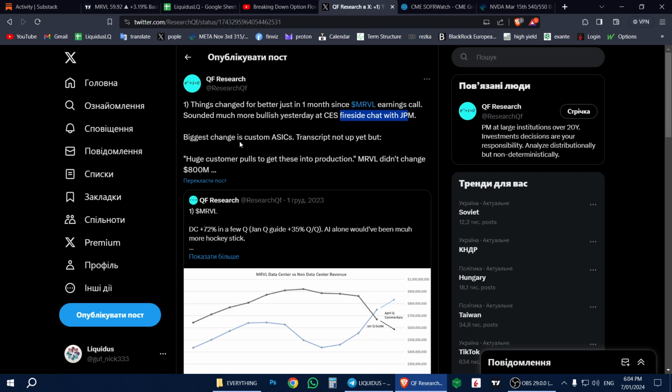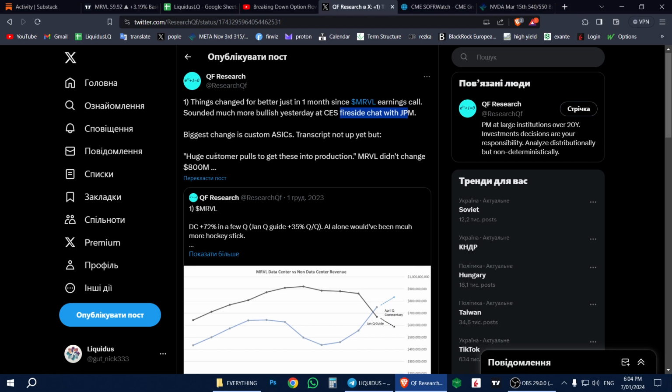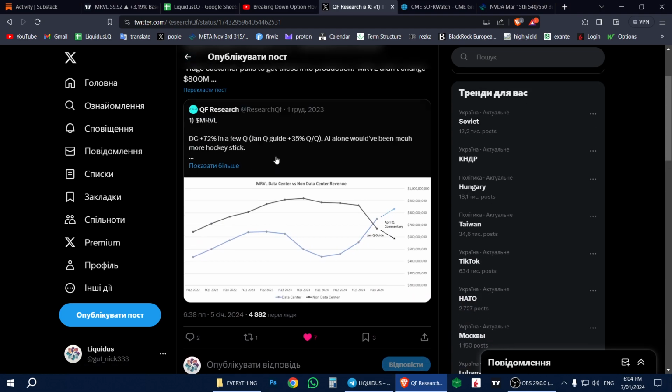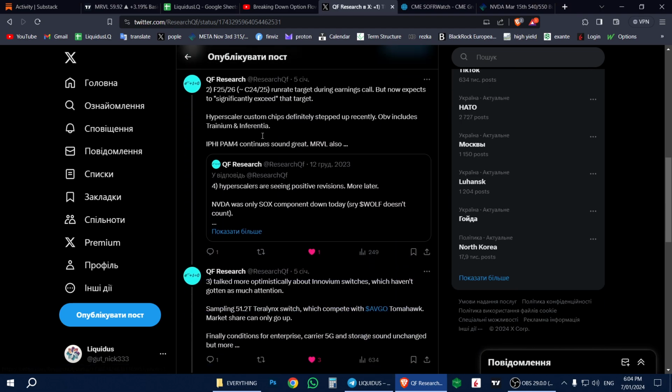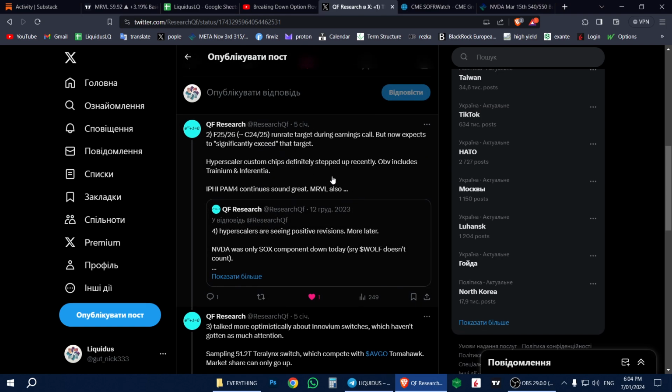Biggest change is custom ASICs. Transcript not up yet, but huge customer pulls to get these into production. Marvell didn't change the 800 million. There are plenty of things he goes into on the F25-26 run rate target during the earnings call, but doesn't expect to significantly exceed that target.